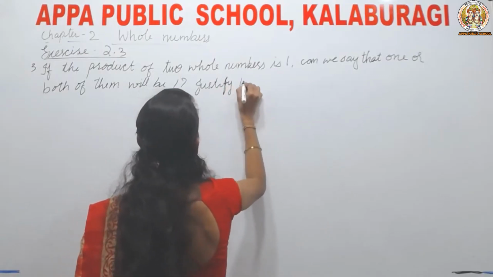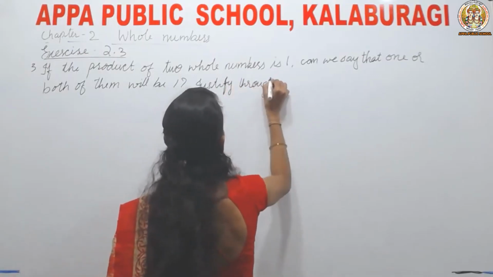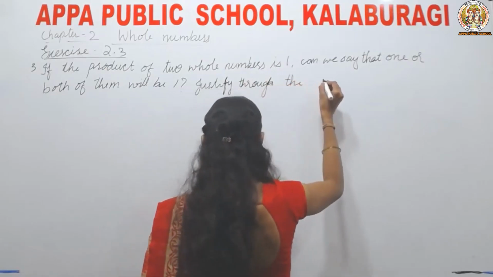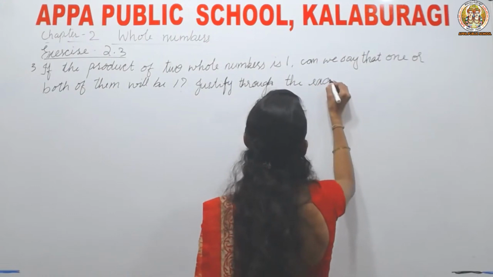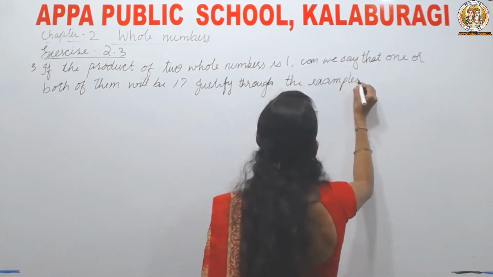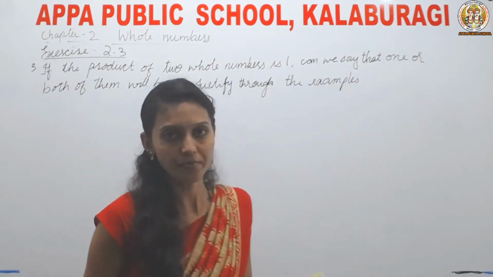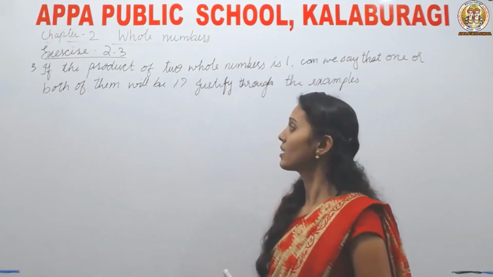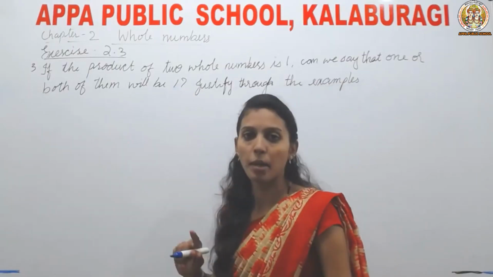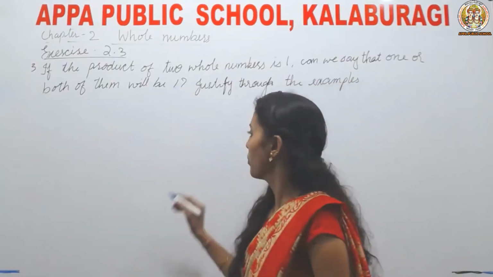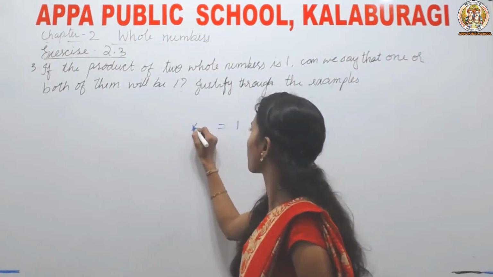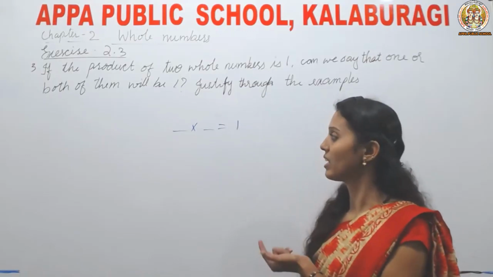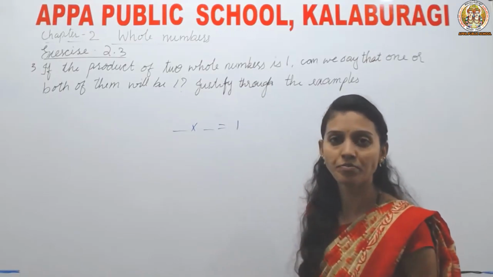Justify through the examples. Previous question also same way, but there it was 0, but here it is 1. Product is given 1. Any one or both of them will be 1.